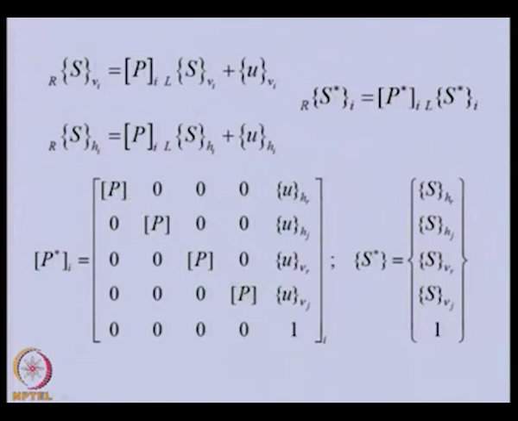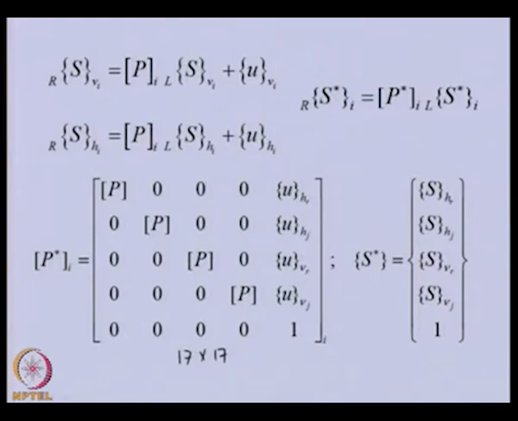Here again the size of the modified point matrix is 17 by 17. Here we have the components of the unbalanced force in the vertical or horizontal direction, real part, imaginary part, and real part, imaginary part of the vertical direction. So additional external force vectors are coming, and these are from the unbalanced force.